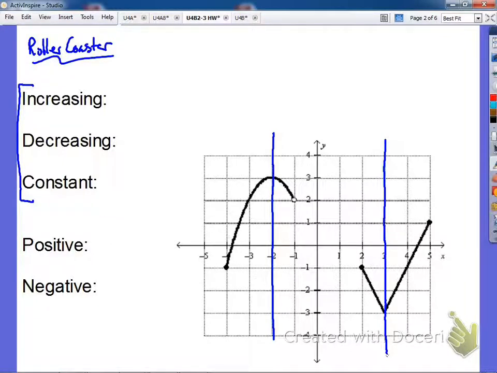Okay, now let's go ahead and make some lines at the beginning and at the end of this section. Same thing here and here.